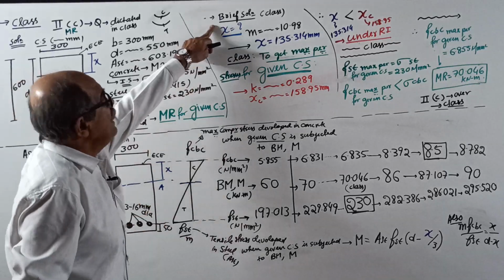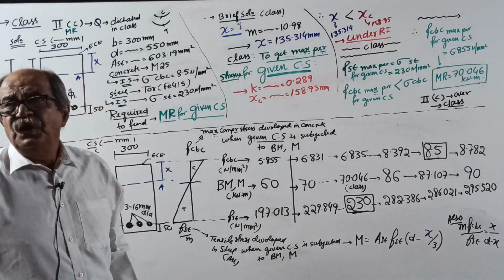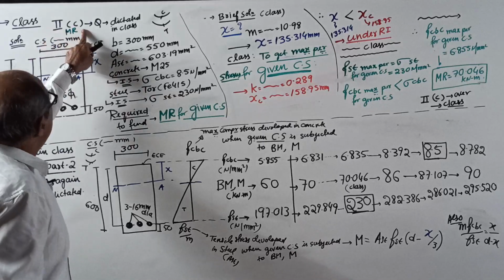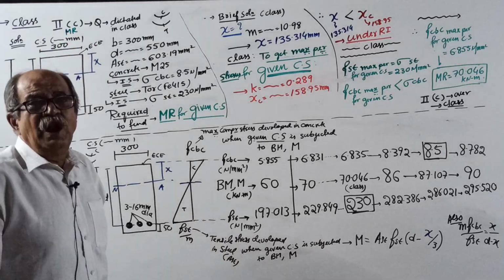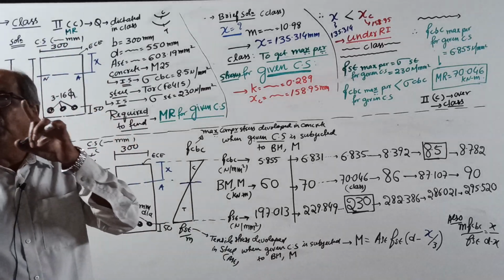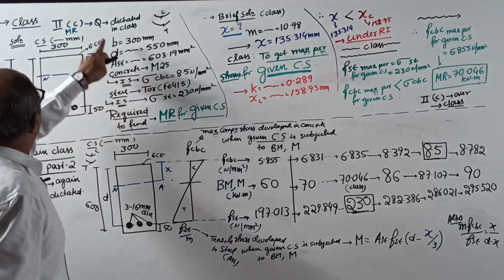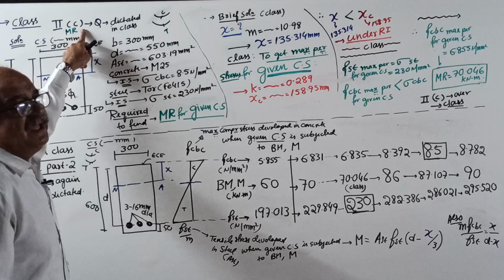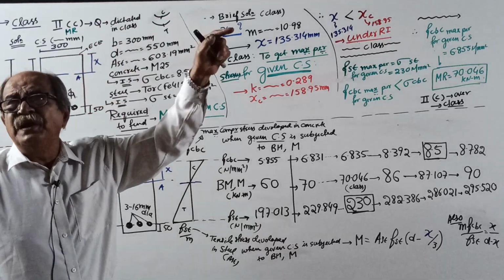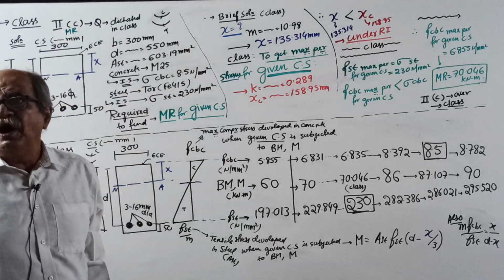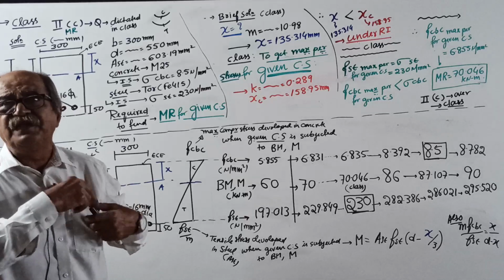But remember, only brief solution. Roman 2C is almost same as Roman 2A. It will come under reinforced. Next time, one more. Roman 2D will be same as Roman 2B, which will come over reinforced.